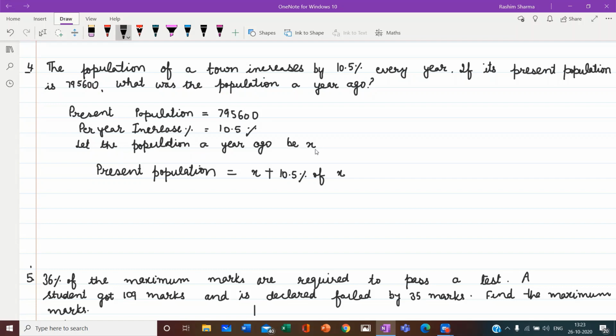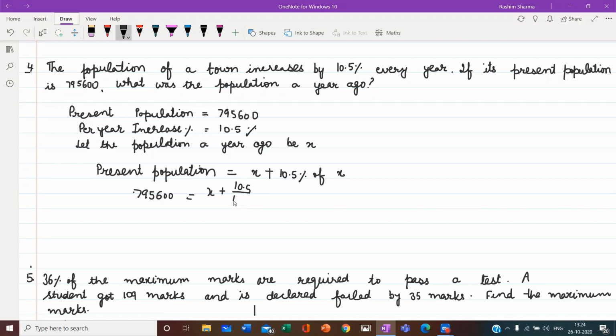Now present population is previous year's population, that is X, plus 10.5% of X. Okay, so now present population we are given as 7,95,600. It is equal to X plus 10.5%.